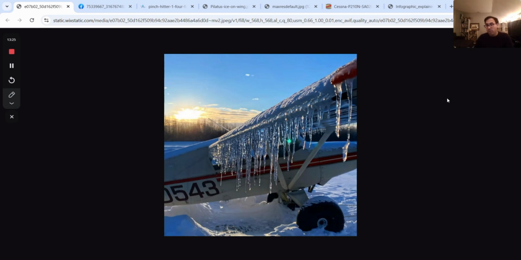But usually that's preferred over climbing, because if you try climbing, you might not know where the tops are, and while you're in the climb, you could accumulate more ice, which would make the situation more dangerous. And then even when you do get up top, you might not know where your next opening is in the clouds, and then you would have to descend back through the icing potentially. So usually descending is preferred over climbing generally.